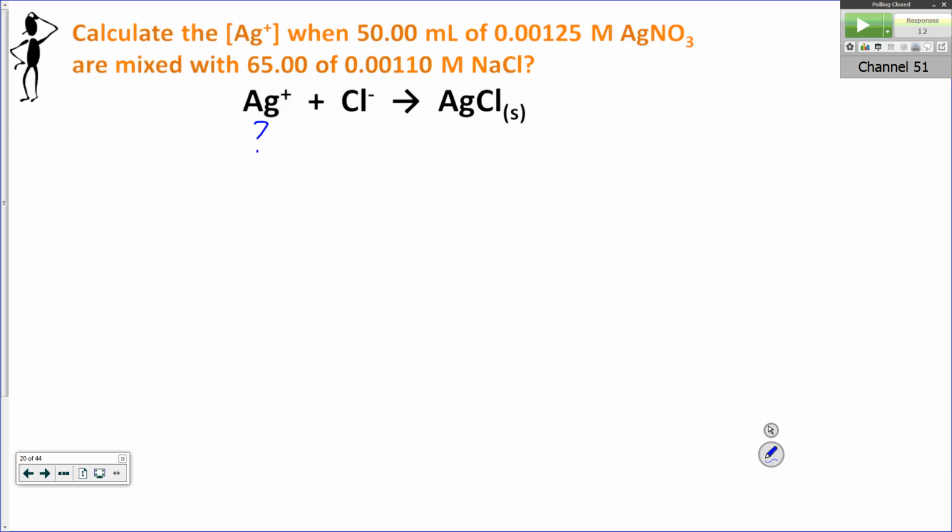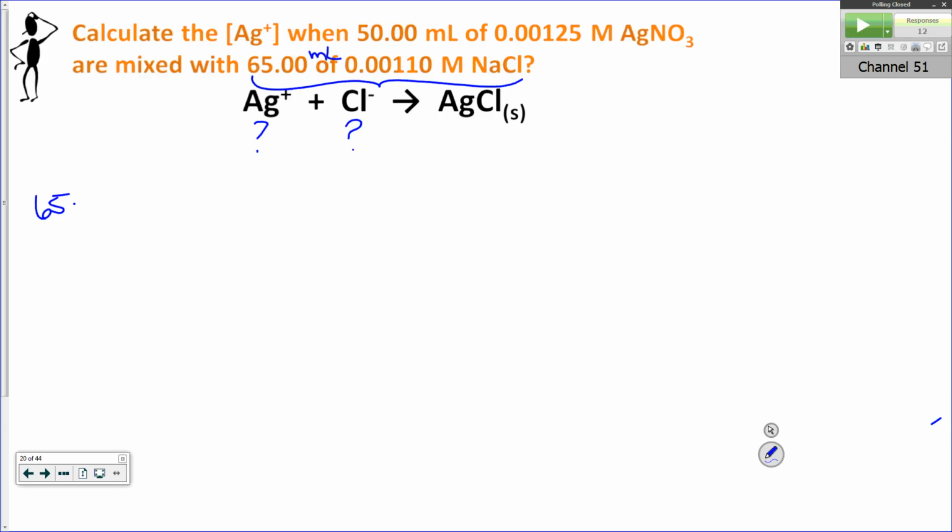Sometimes we do these to find out how much of the chlorine, the non-metal, is there. But these are basically metal, non-metal titrations, just like the solubility things we did. So here what I know is the volume and concentration of the chloride, in milliliters. I can relate that with stoichiometry.